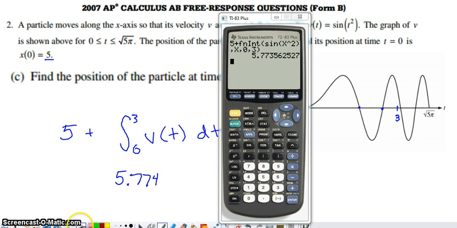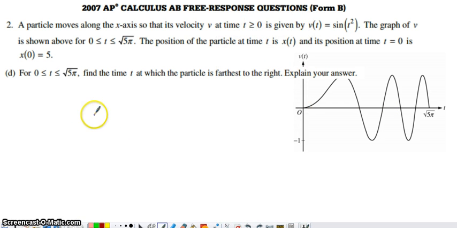And in the last piece of this, what the problem asks us to do is figure out where on this interval the object is farthest to the right. Now if you think about being farthest to the right, if the object is moving back and forth on the x-axis, we're basically asked to find the maximum position, the absolute maximum value of the position function, x of t.